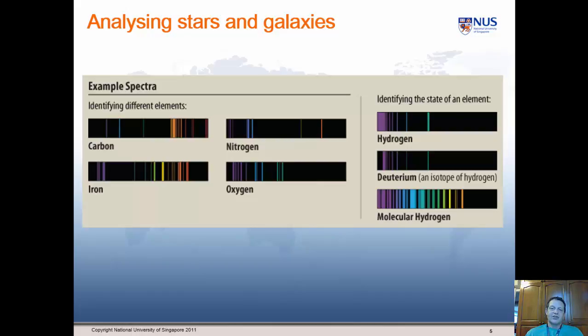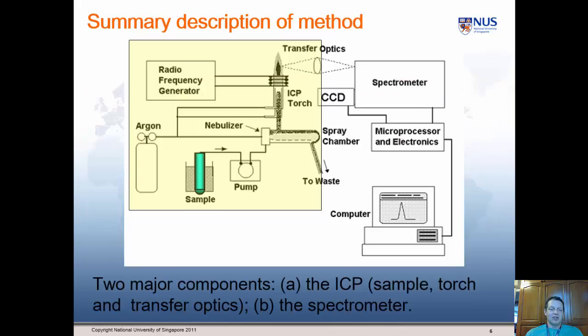Let's now bring ourselves to CM3292 and the method you're going to be using. The ICP, which is what I'll call it from now on, actually has really only two instrumental components, plus the data handling and stuff like that.